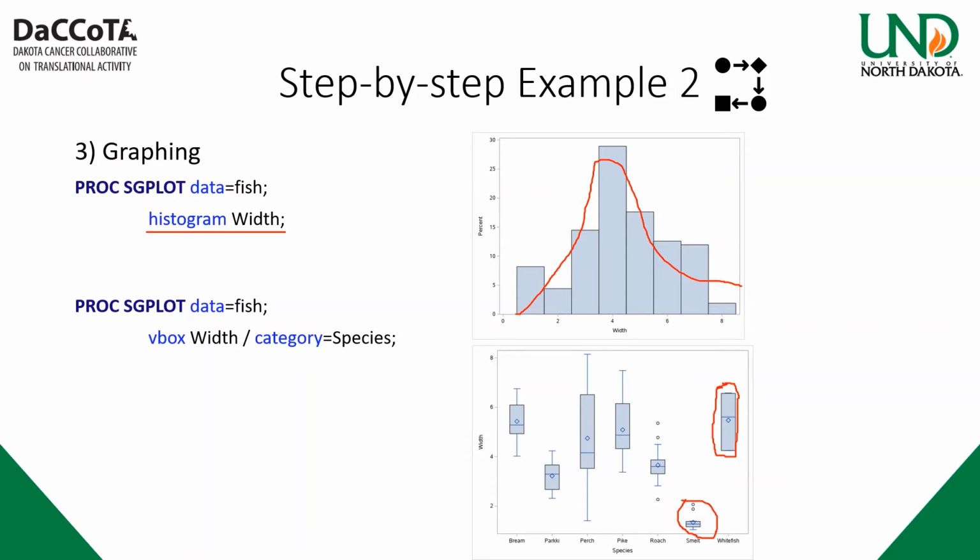So once again, whitefish is probably going to be an issue here. And another thing we're seeing here is the size of these boxes can all be very different, which means their variance, which is one assumption, is probably not going to be met. So we'll look at that next here.